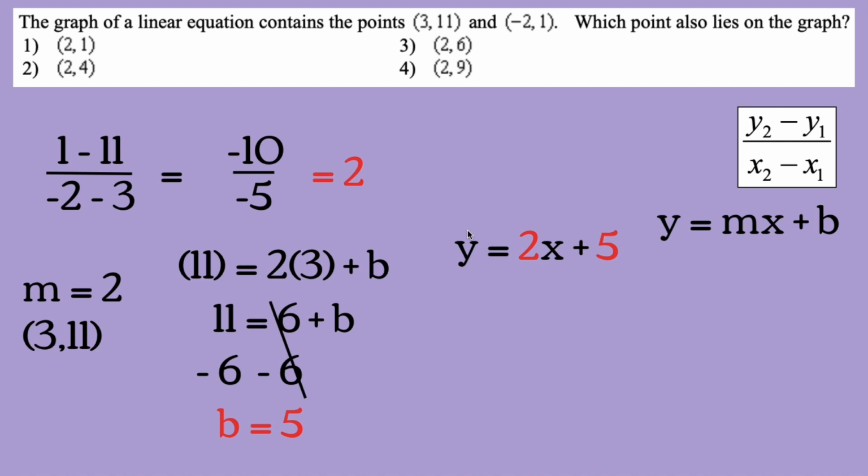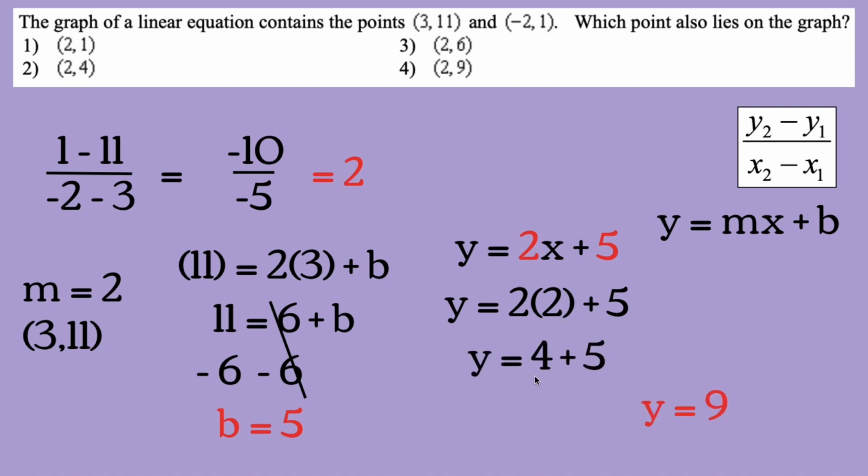So that's what we're going to do. So we have y equals 2 times 2 plus 5. y is 4 plus 5. And then our answer is 9. So our final answer would be (2, 9), because our coordinate here was 2, and then the y value was 9.